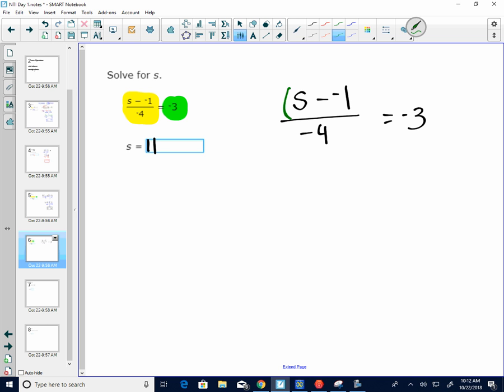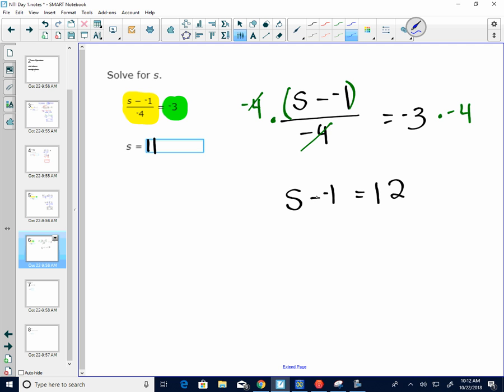This whole thing is being divided by negative 4, so I'm going to multiply both sides by negative 4. So negative 4 on top and on bottom is just 1. I'm left with s minus a negative 1 on the left side. And then negative 3 times negative 4 should give me a positive 12.